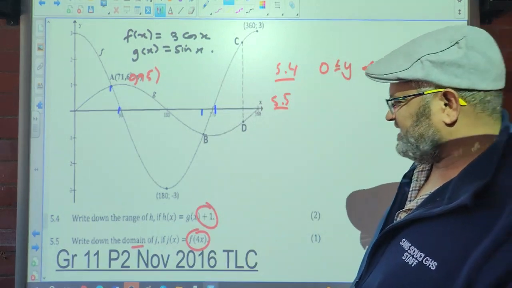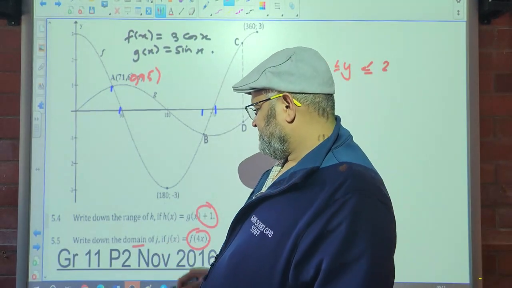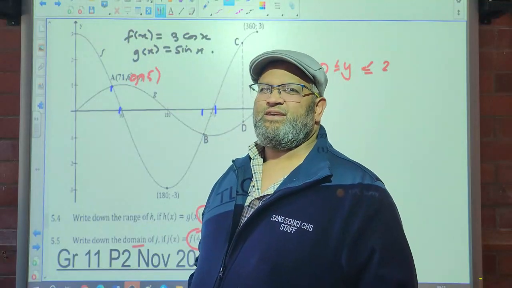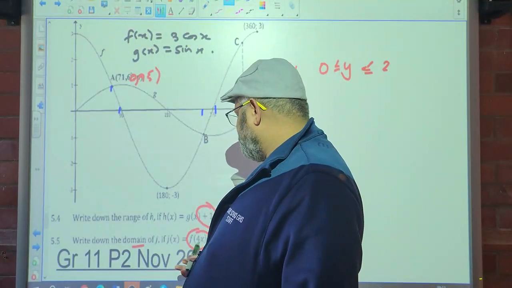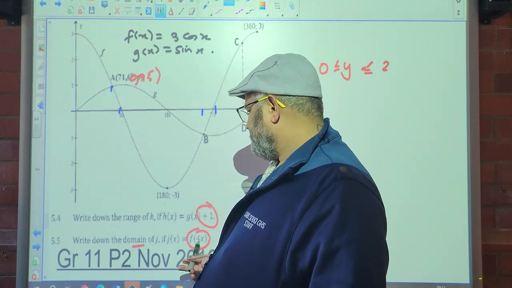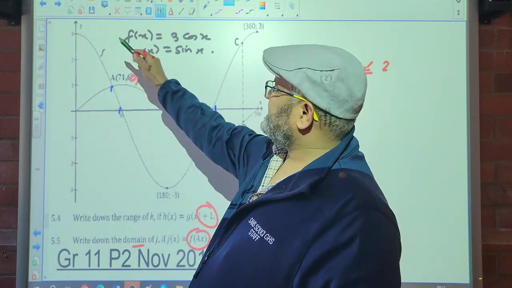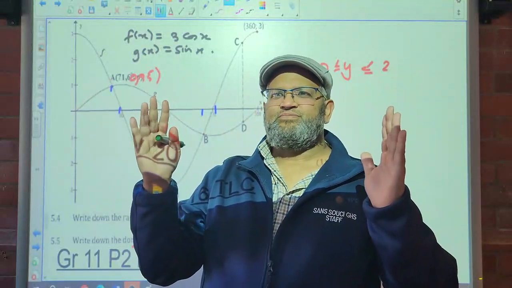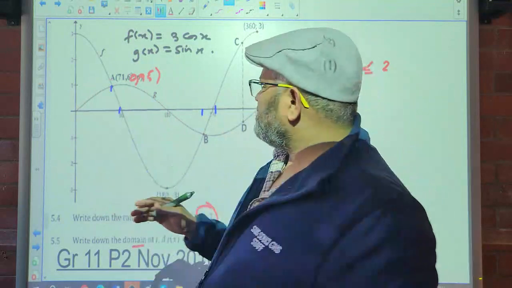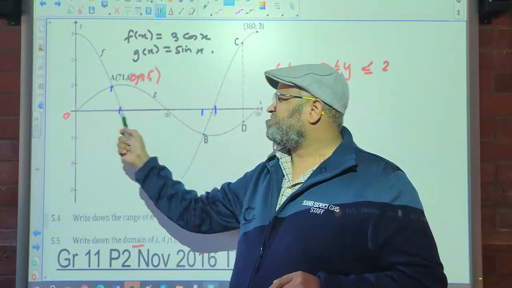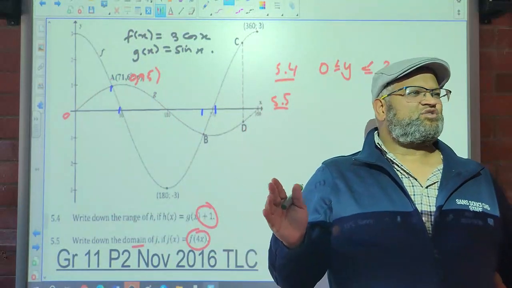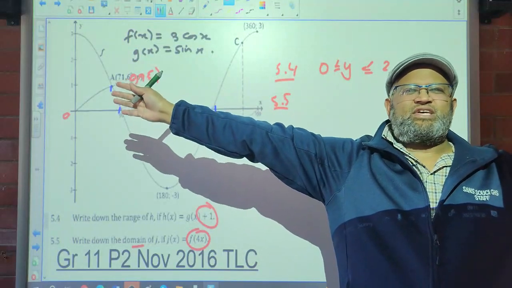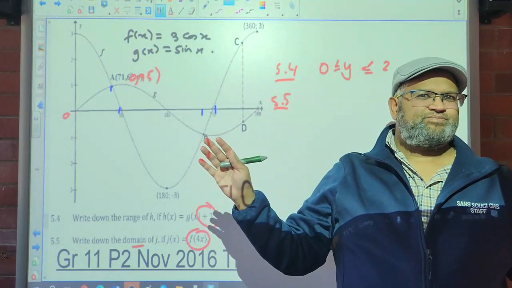So the domain is from 0 to 360. Even if you're going to divide this by 4, the given domain is from 0 to 360. Okay, domain is all possible x values. So if this graph was not from 0 to 360, then the domain of this graph would be from negative infinity to positive infinity, which means to say it's all real values of x.